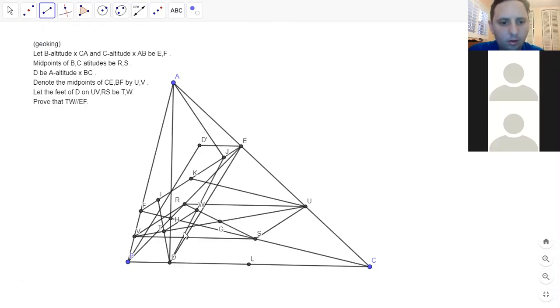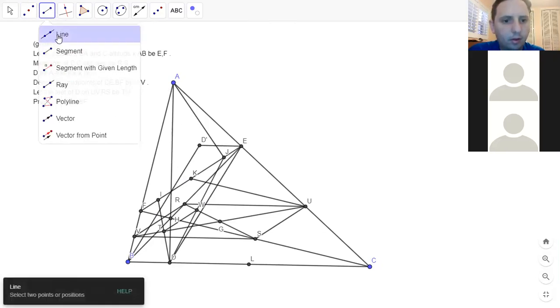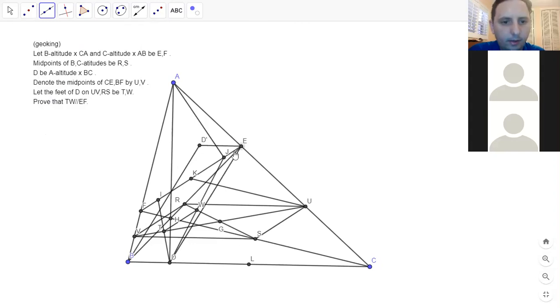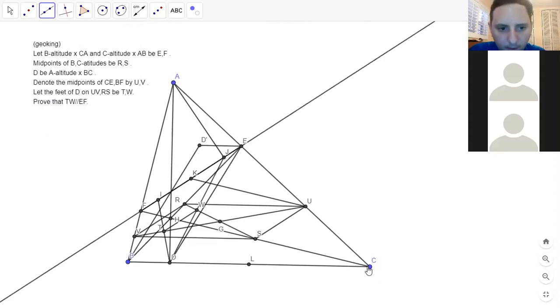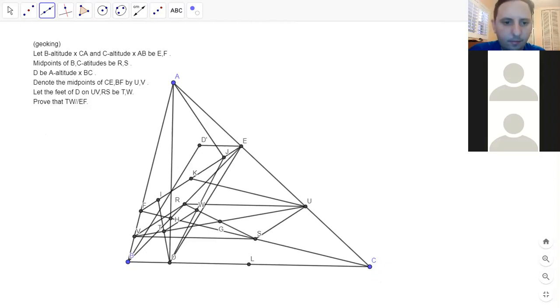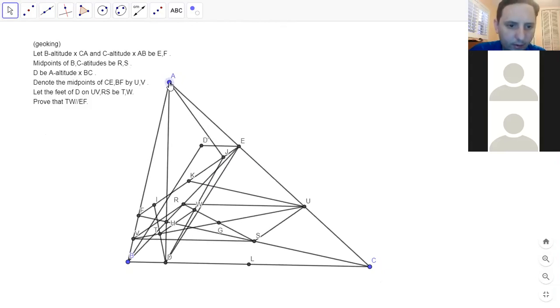Can you label the intersection of AD and EF? Sorry, did you say BC and EF? AD and EF.